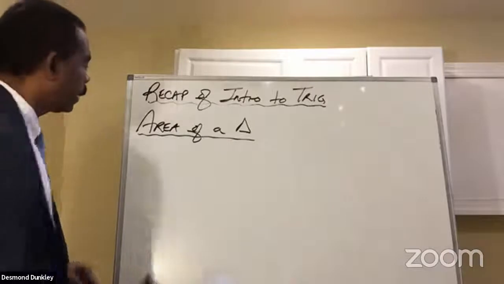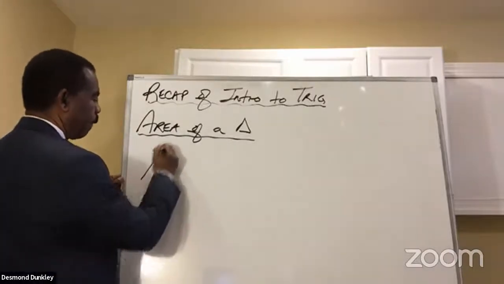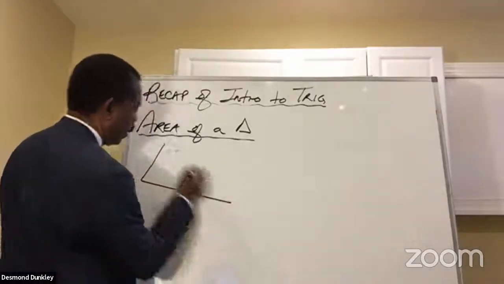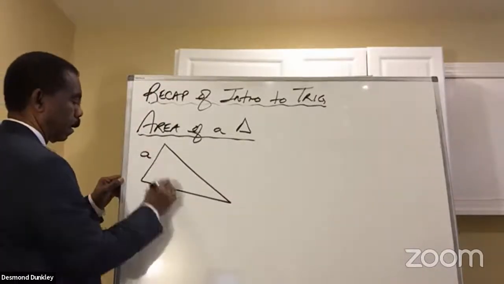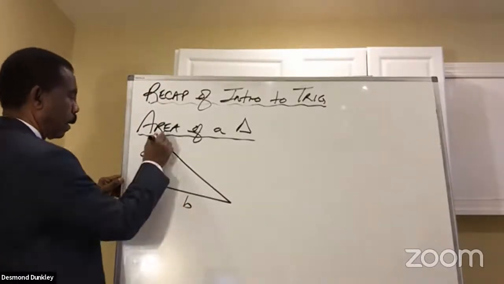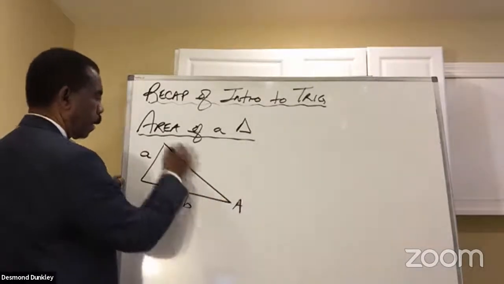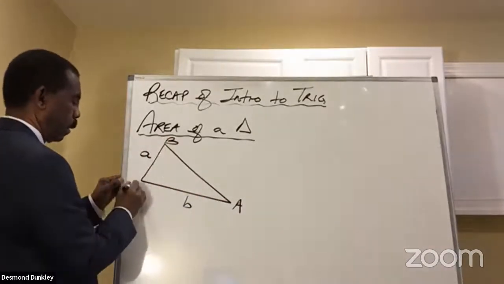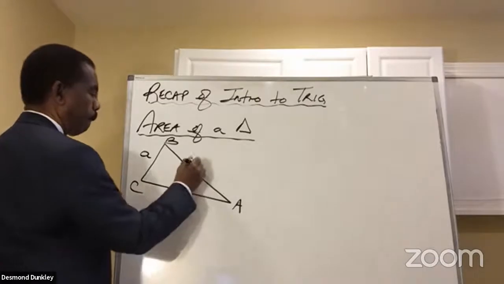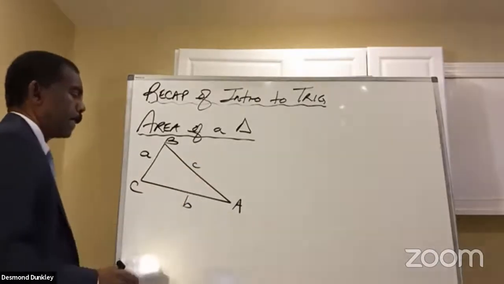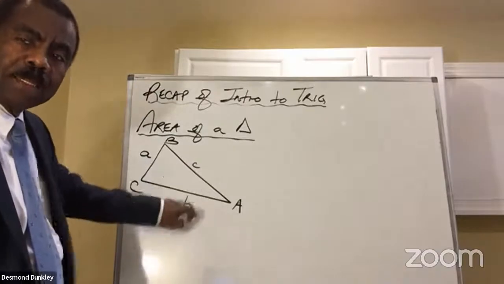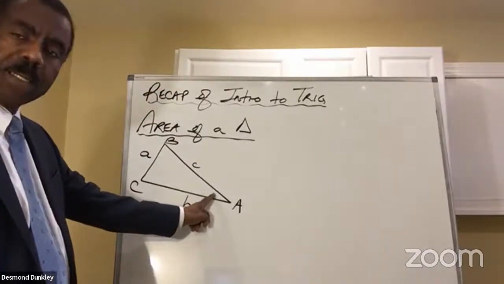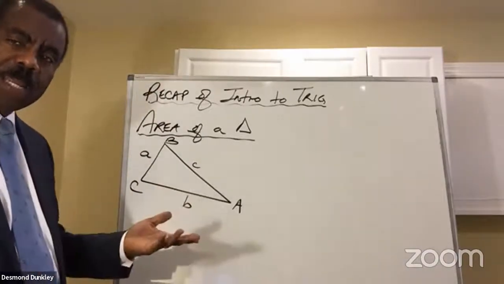Second method says that if you know any 2 sides and the angle between, then you can find the area.